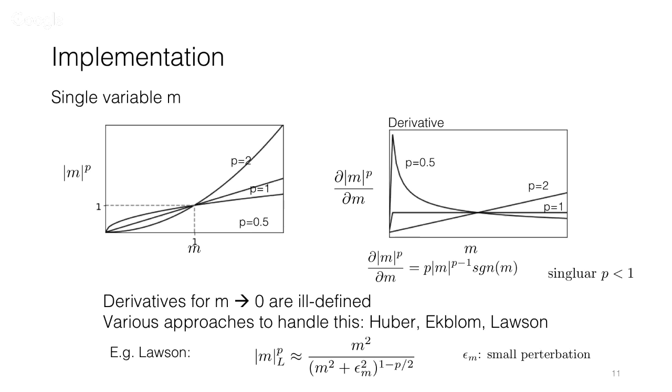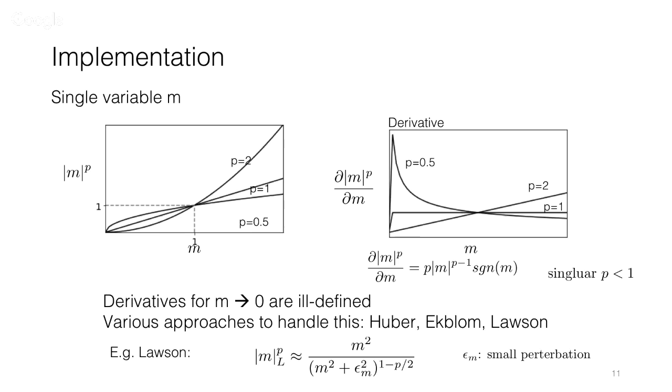So we're going to introduce another norm. It was first introduced by a person by the name of Watts. The p norm here is going to be represented as m squared divided by this quantity here. If p is equal to 2, then you get 1 minus 1, so that's equal to m squared. If p is equal to 1, then this is 1 minus a half, so it's a half.